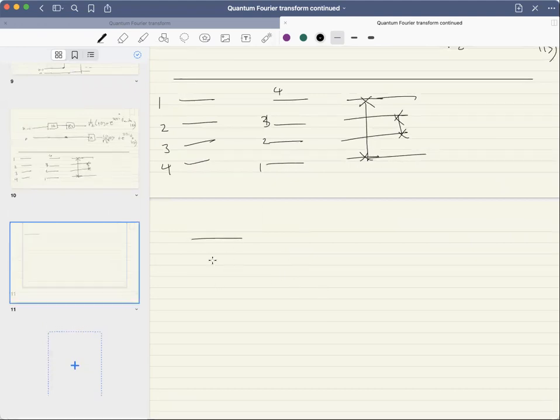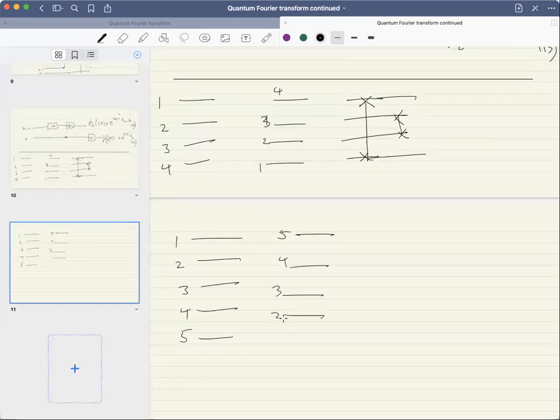Similarly, if I have 5 of them, I end up with 5, 4, 3, 2, 1. So I can swap the last two, which brings a 1 to the end and the other to the beginning. Then I swap 2 and 4, so that takes care of that. And 3, that's in the middle, just stays where it should be. So that's the structure.